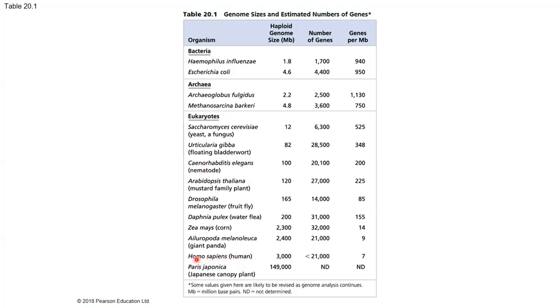So the scientific name for humans is Homo sapiens. Also in this table, we have the number of genes within the genome, approximately 21,000 genes, and if you divide this number over the genome size, you will get the gene density.